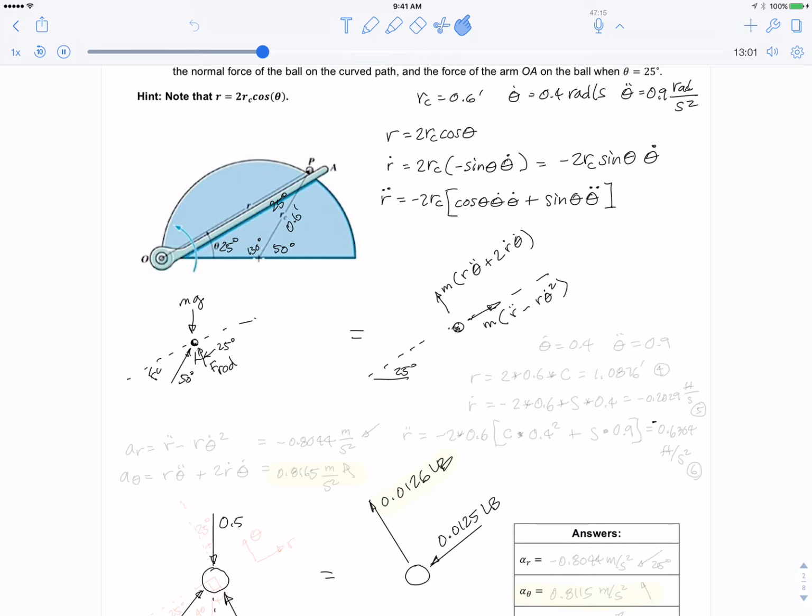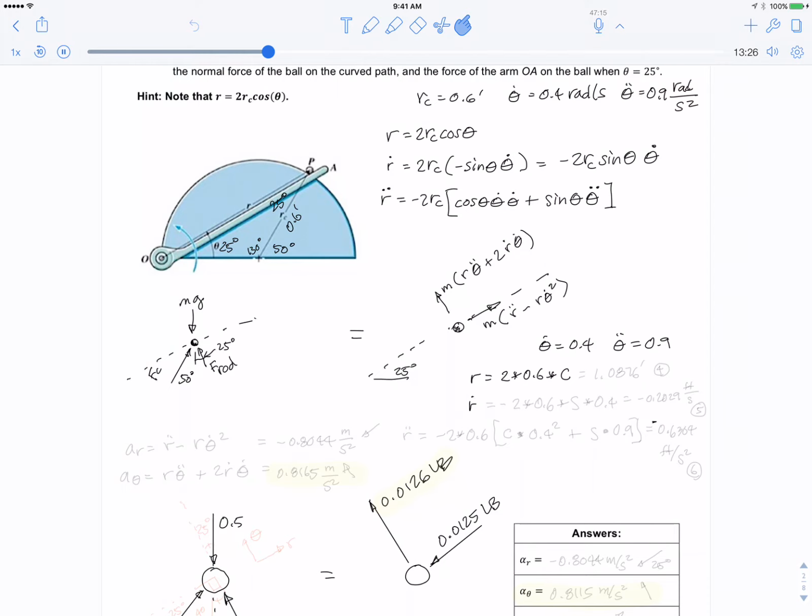Okay, so we were given theta dot is 0.4 and theta double dot is 0.9. So I'm going to calculate r. So r is 2 times rc, which is 0.6, times the cosine theta. I'm going to just write c for cosine, and I'm going to store the sine and cosine and calculate it out later.